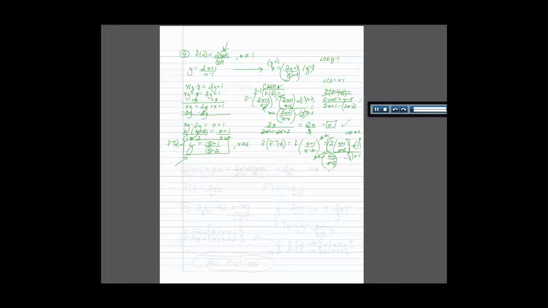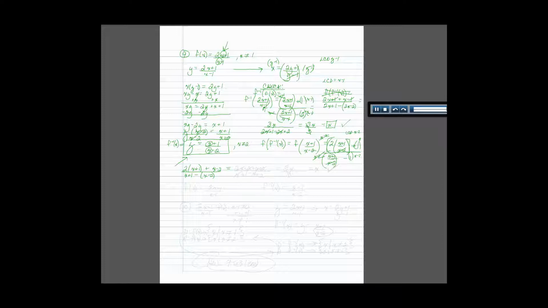We have a 2 times x plus 1 plus a 1 times x minus 2. That's my numerator. Over x plus 1, and then we have minus 1 times x minus 2.